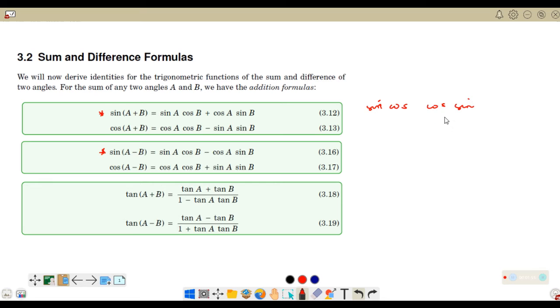Ito yung keyword namin nung college, and a lot of students also use this technique so that they will always remember the sum and difference for the sine function. So, sin, cos, and then may space tayo, cos, sin. And then after that, saka namin ina-identify kung sino yung mga ilalagay.